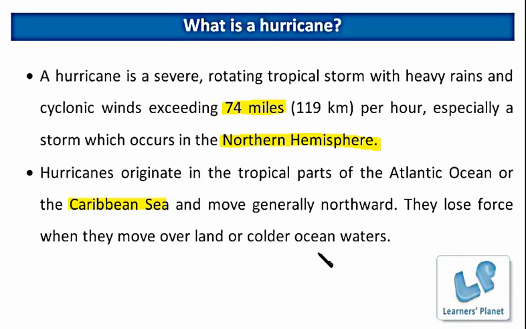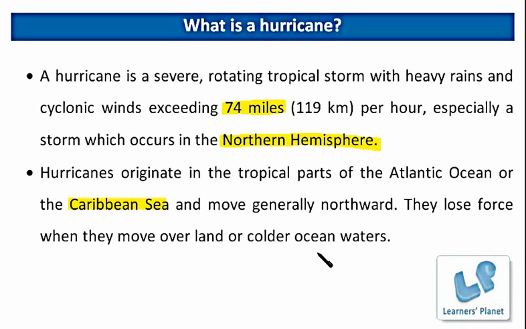So basically, it is a tropical storm with very high wind speed that has reached a constant speed of 74 miles per hour or more. I want to add that a hurricane is a huge storm with strong winds spiraling inward and upward at speeds of 75 to 200 miles per hour.